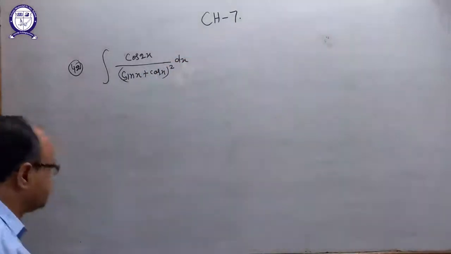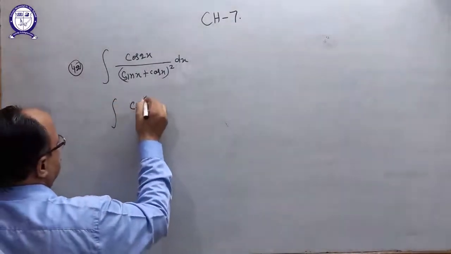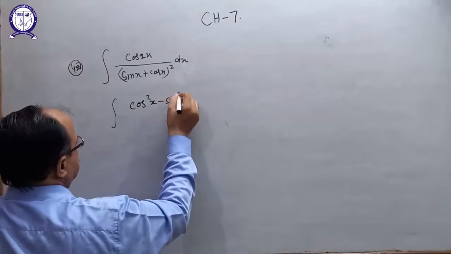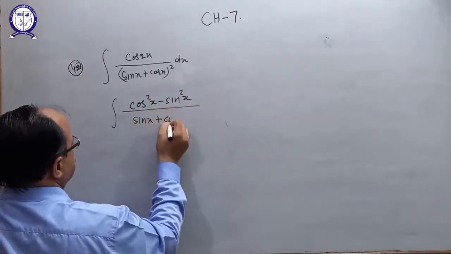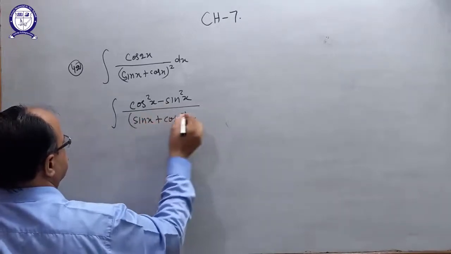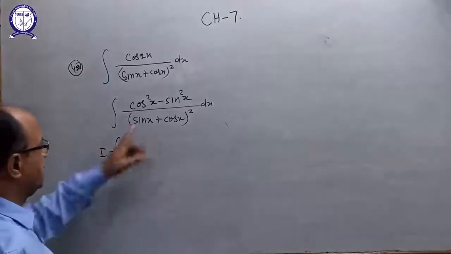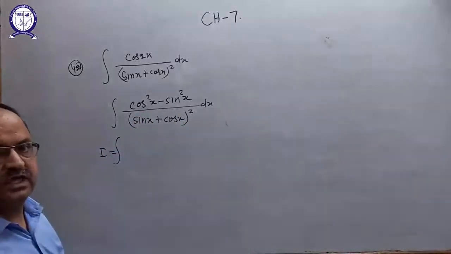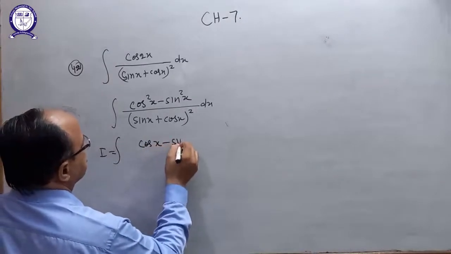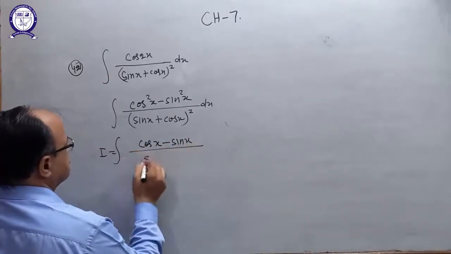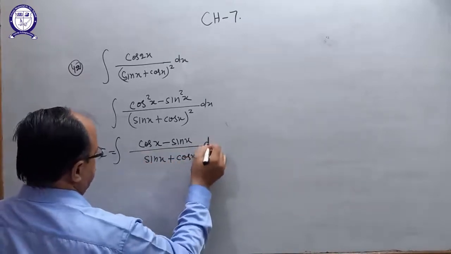In this question, you know the formula of cos 2x, cos square x minus sin square x, upon (sin x plus cos x) whole square. Apply the identity a square minus b square equals (a plus b)(a minus b). One term will be cancelled. We get cos x minus sin x upon sin x plus cos x.